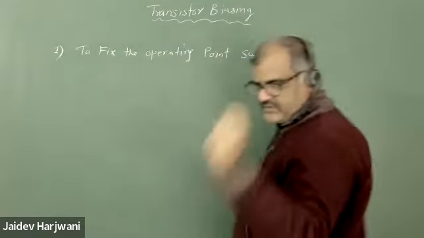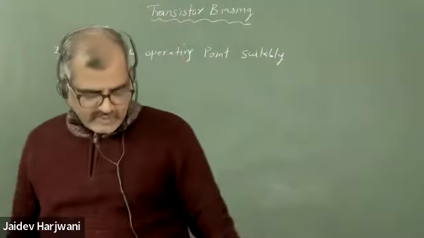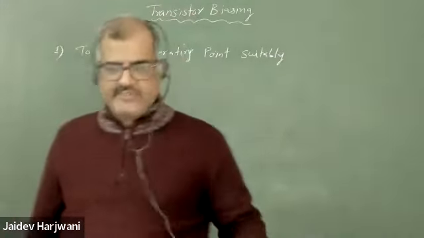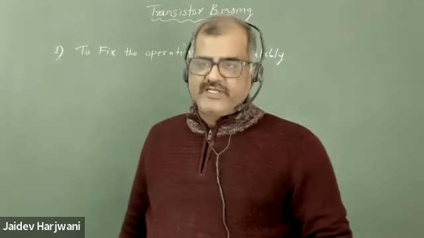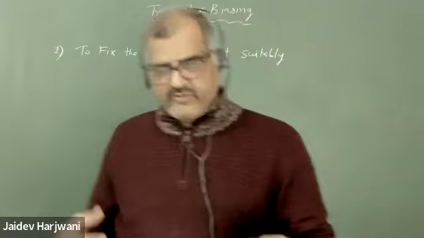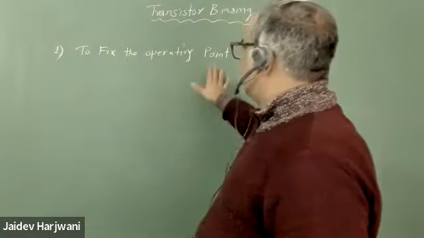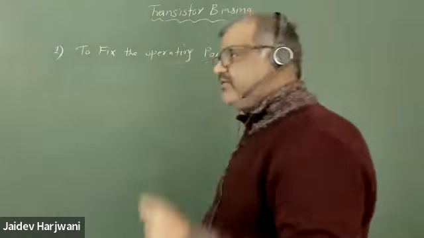We want to fix the operating point. For that we need biasing, which means you need some voltages, some external voltages to be applied to operate the transistor.